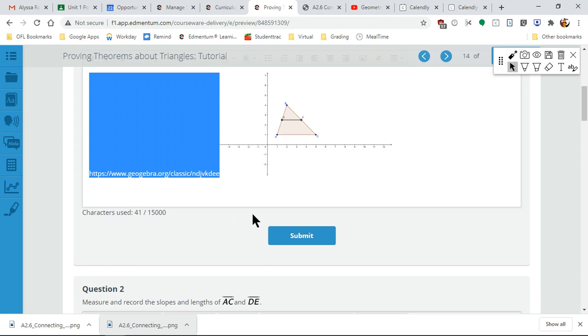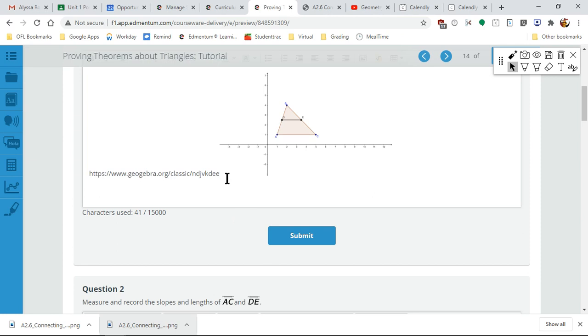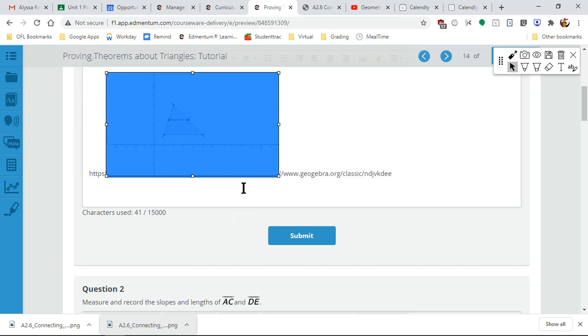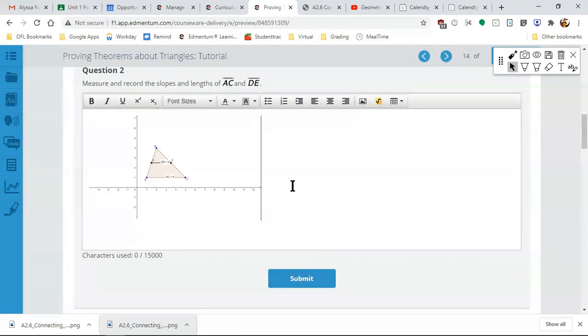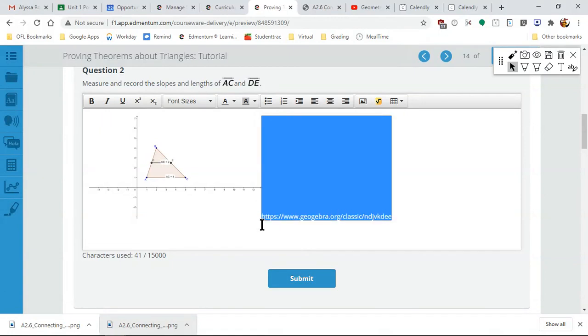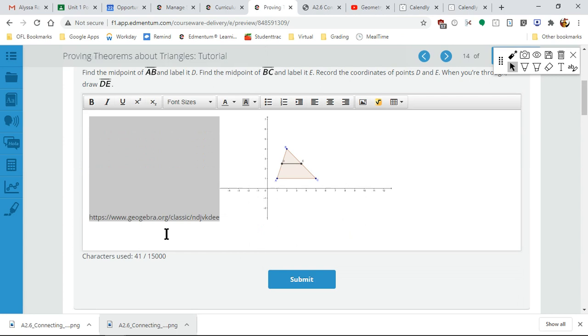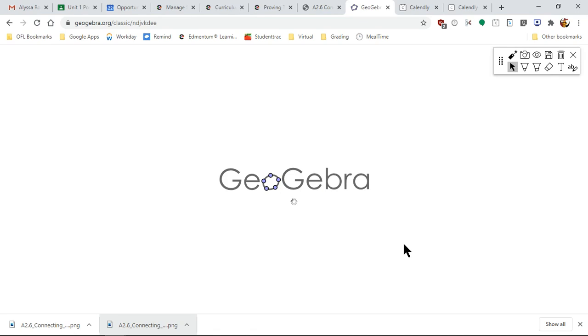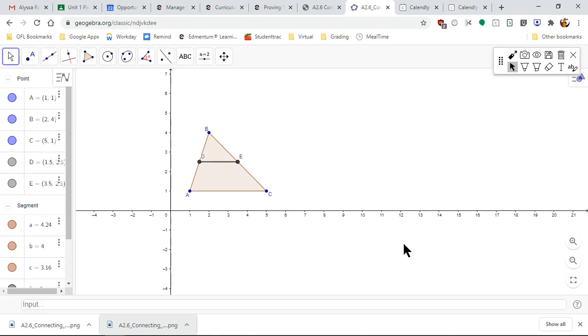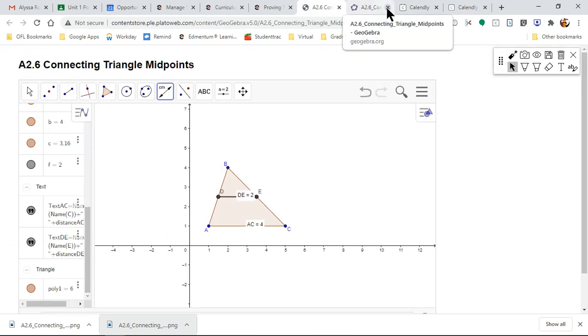I can just copy this link from before, paste it, and this should give me the new image. So this link is going to end up being the same. Let me prove that. I forget how long GeoGebra takes. Oh, it actually didn't. Oh, I did not know that, guys.